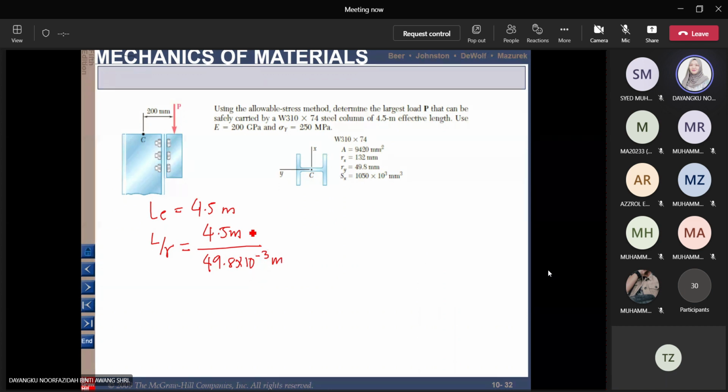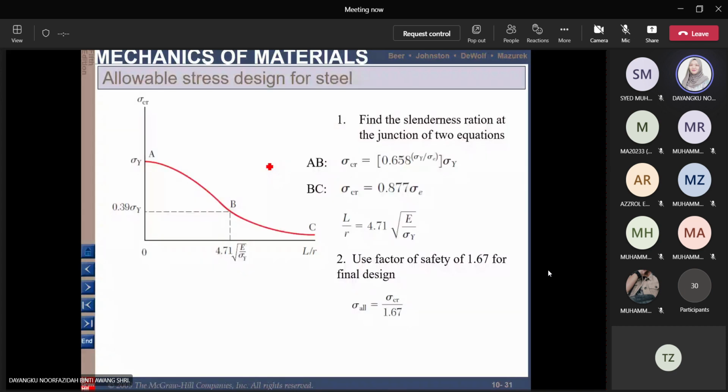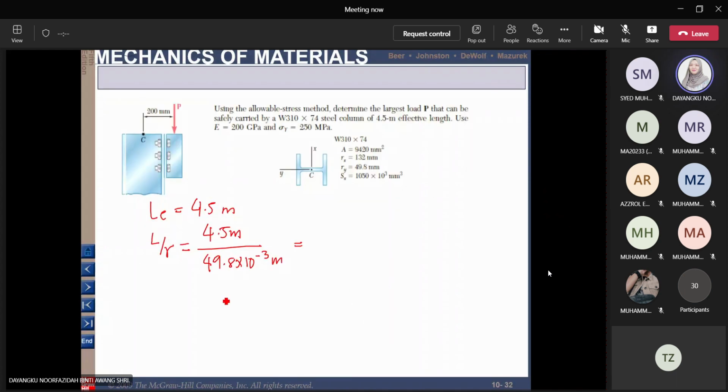Because this is steel, we need to calculate this value here first, and then we need to check this part here, which will be in our L over R. So what will be the value? 4.5 divided by 49.8 times 10 to the power minus 3. Let's get our L over Ry.